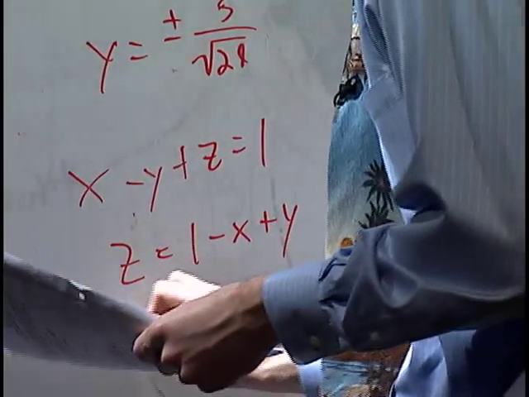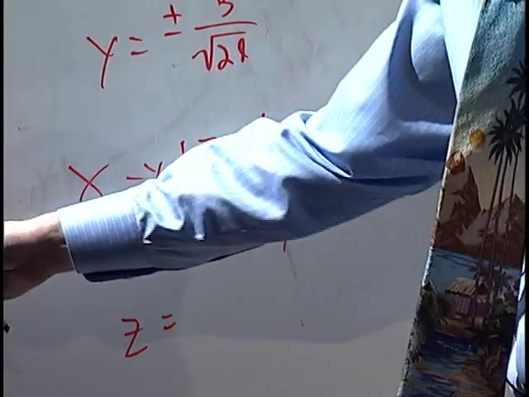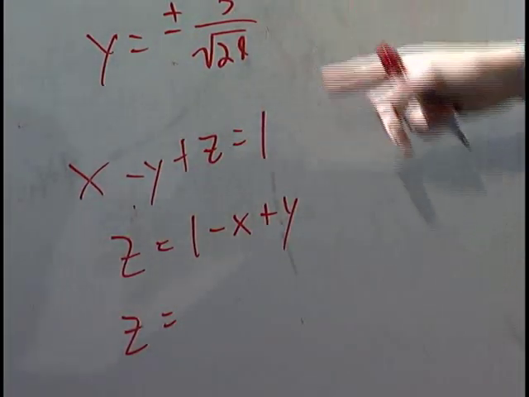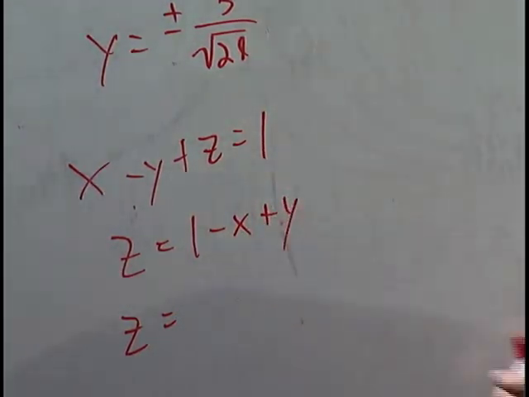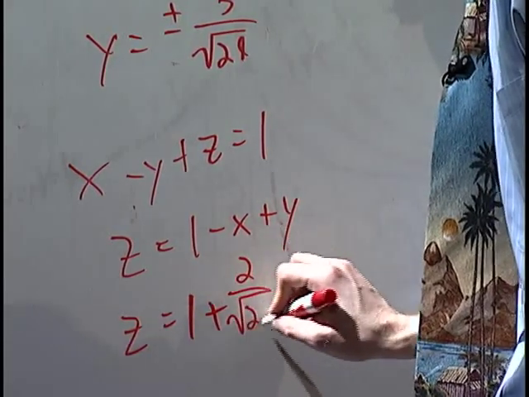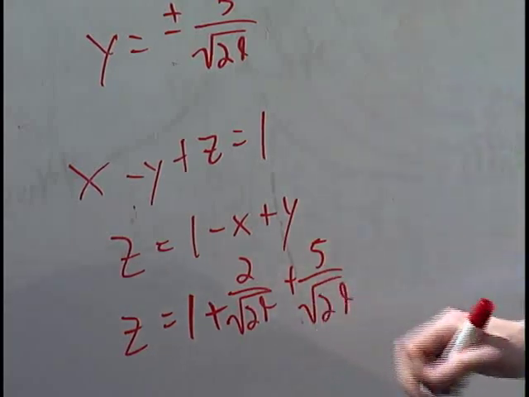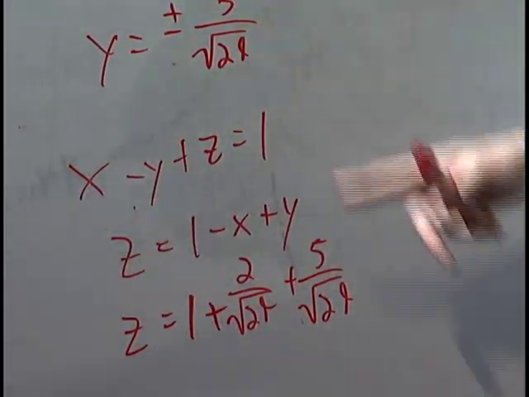So in the case where, remember, when mu was root 29 over 2, x was negative and y was positive. So x being negative means this will be a positive down here. So z is either 1 plus 2 over root 29 plus 5 over root 29. And when mu was negative, x was positive, y was negative.